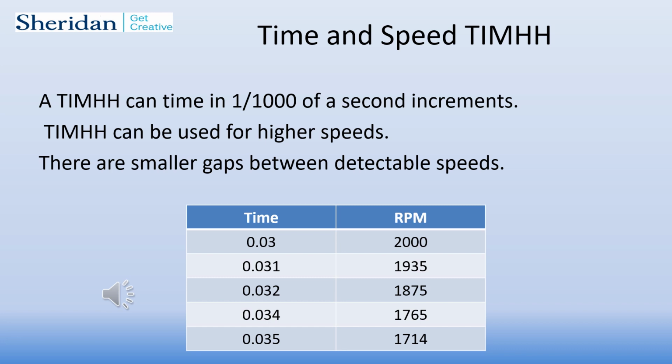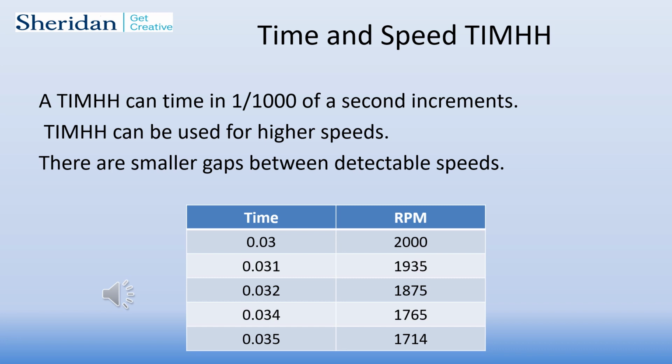If you do the math with 1/1000th of a second, the speed becomes ridiculous. It's up as high as 20,000 RPM for just one striker. There are small gaps between the detectable speeds. Shown here in the table are times of 30 milliseconds, 31 milliseconds, 32, 34, and 35 milliseconds. As you can see, 30 milliseconds is 2000 RPM.